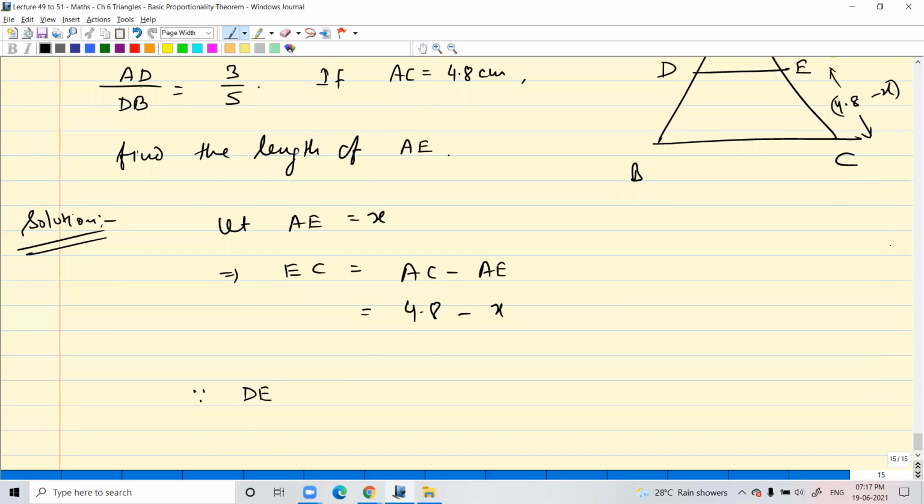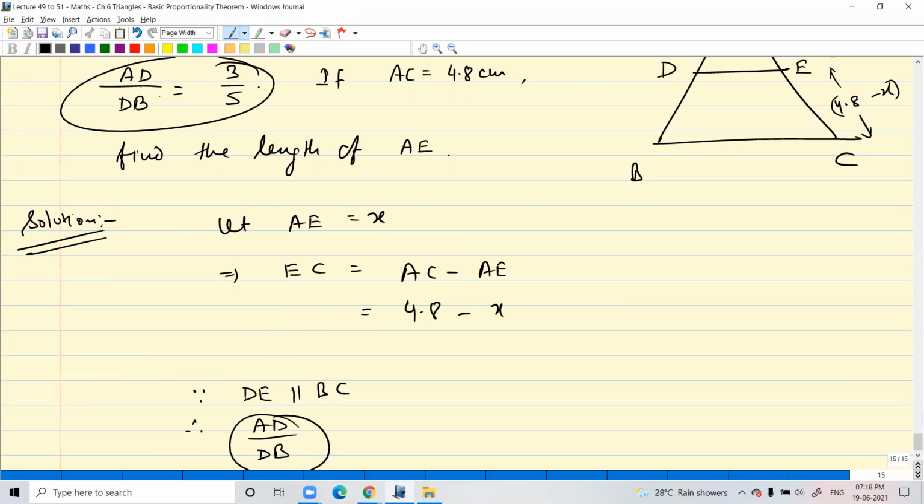Okay, so what I'm going to write: DE is parallel to BC. So this is how you have to write. Since given that DE is parallel to BC, therefore AD by DB, we need this ratio now because this is what is given in the question. So write the BPT in that form only. AD by DB is equal to what?